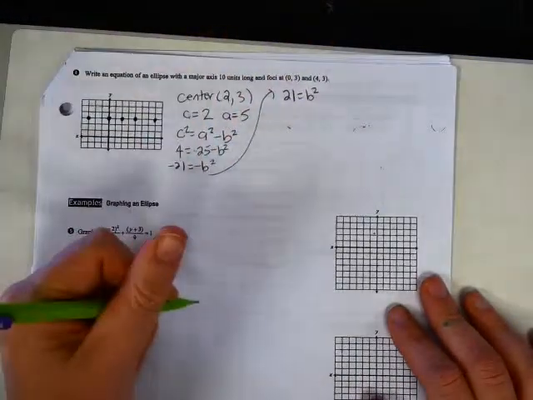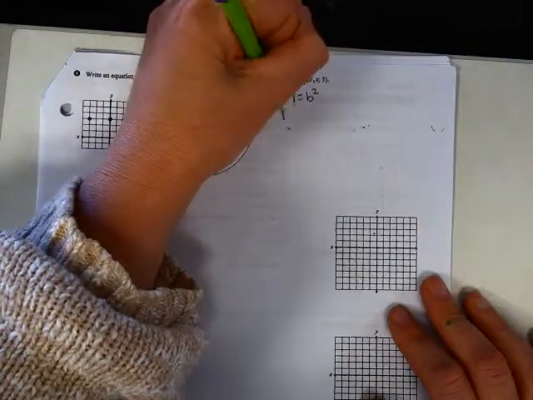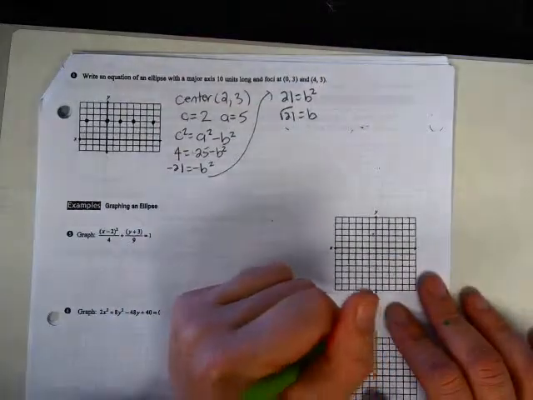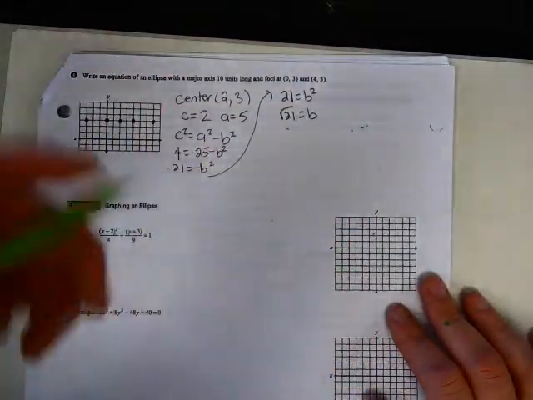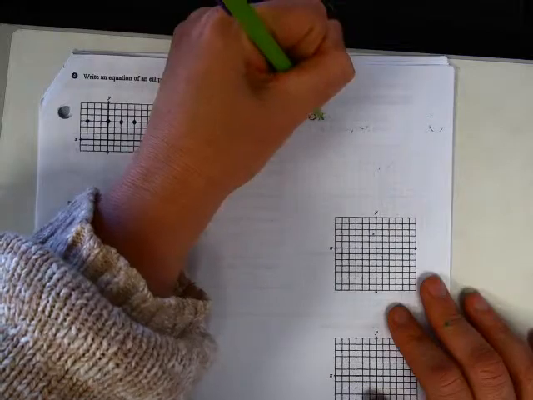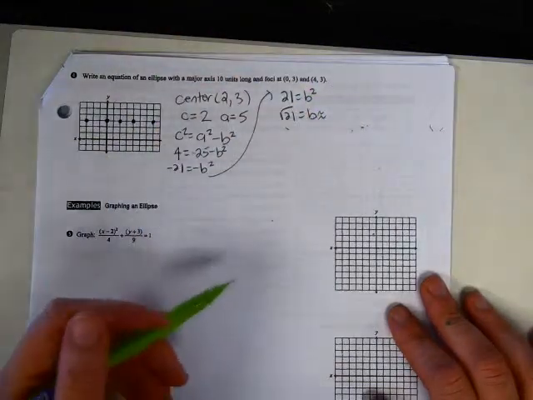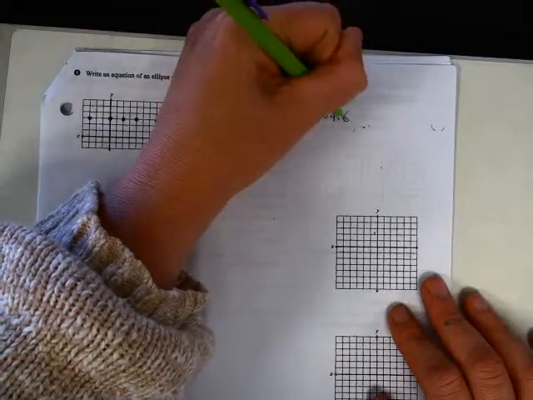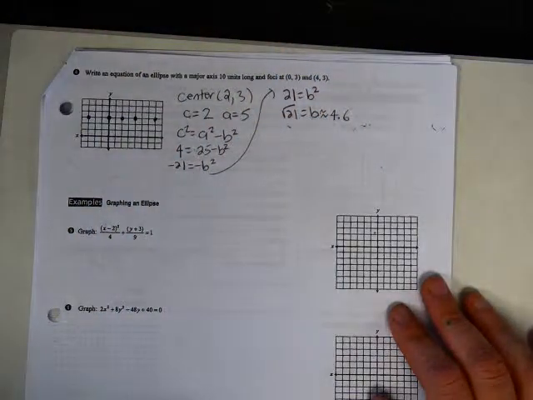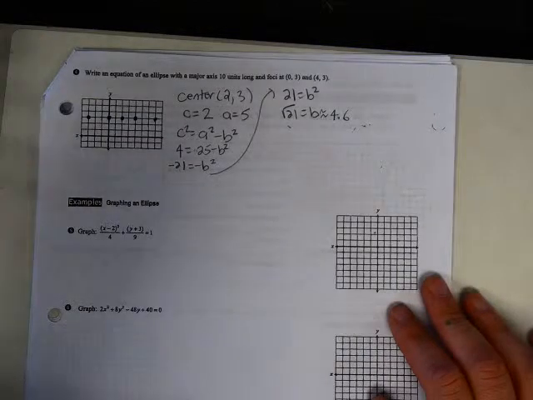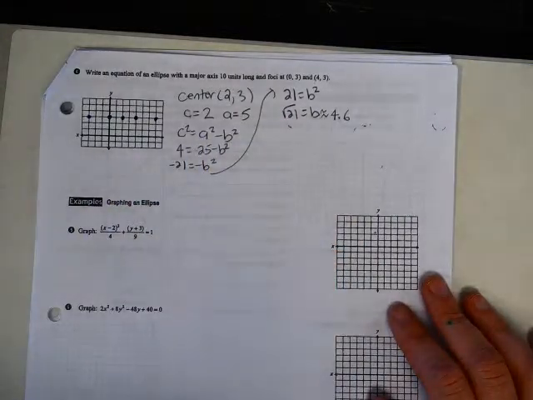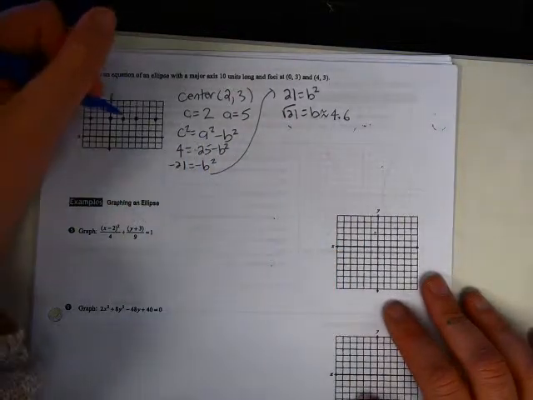I'm going to subtract 25 from both sides. Then I get negative 21 equals negative B squared. 21 equals B squared. And square root of 21 equals B. And in order for me to graph it, I need a decimal approximation. So square root of 21 is approximately 4.6.